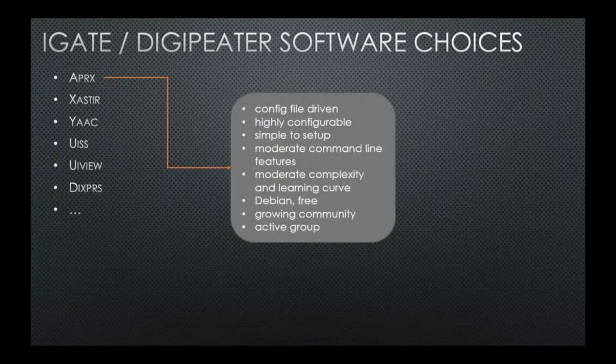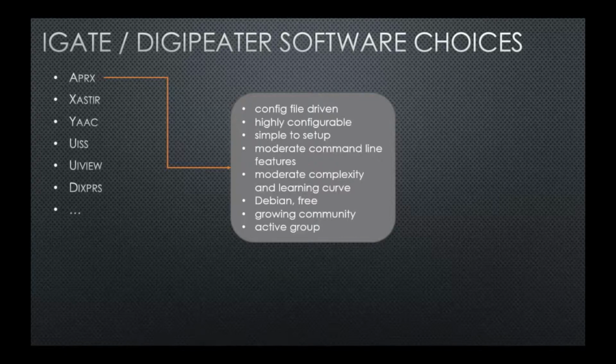If you look at APRX software, it is a completely config-driven product. There's no graphical UI; the UI is completely textual based. It's configured using config files. It's simple to set up, easy to acquire, easy to install. There are a few features available through the command line interface.